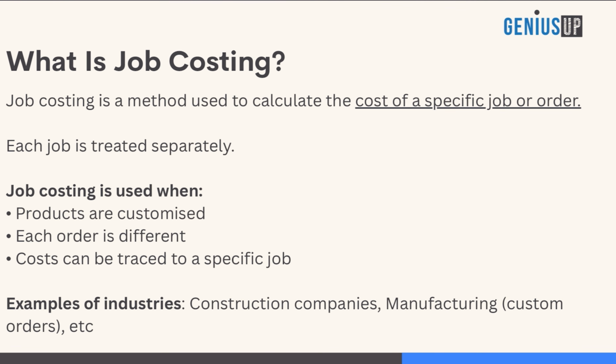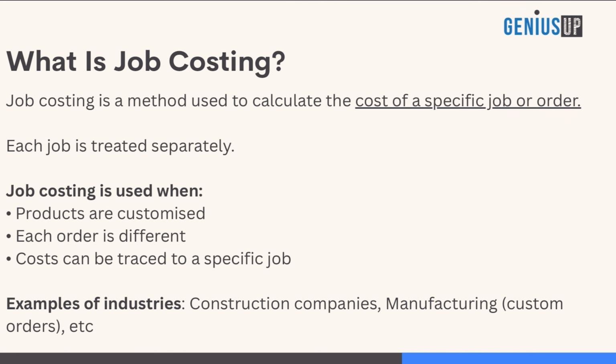So I'm going to give you an example. Let's say you run a construction company. The houses that you build for people will not be identical in nature. They're going to depend on the customer specifications and the requirements of that specific project or house that you're building. So you can't cost all those houses the same, because they're not going to consume the resources in the same way.